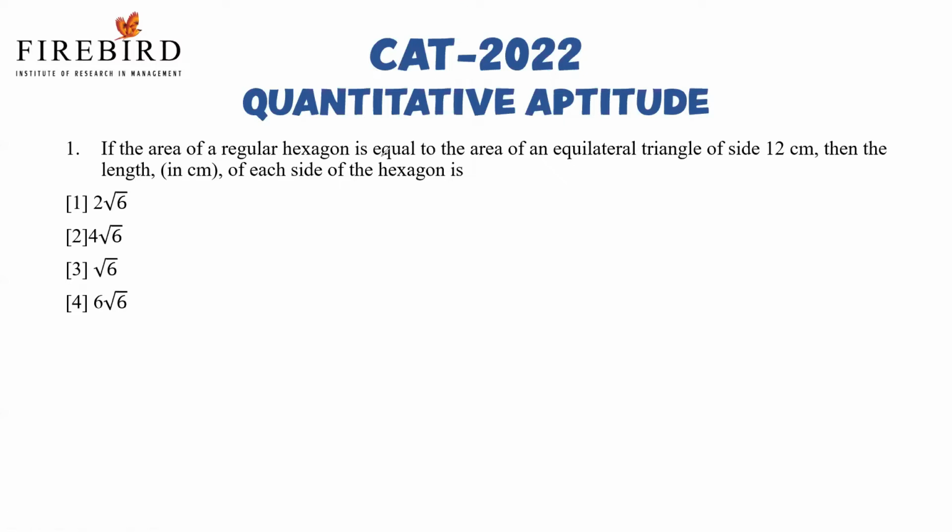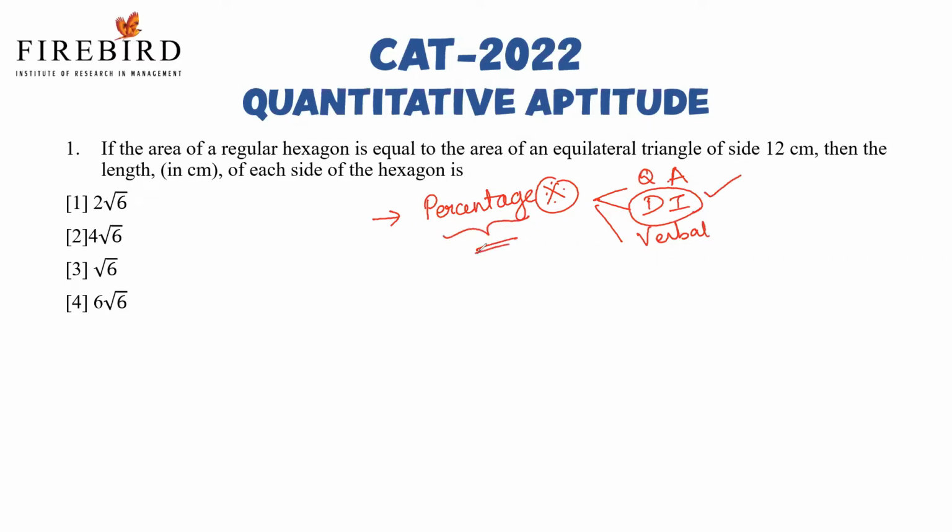You should be well versed in the percentage concept, which is very important because you have three sections: the quantitative aptitude section, that is the QA section, then data interpretation, and then the verbal section. In the data interpretation section, most of the questions will be based on percentage, and you should know how to convert a percentage to a fraction.